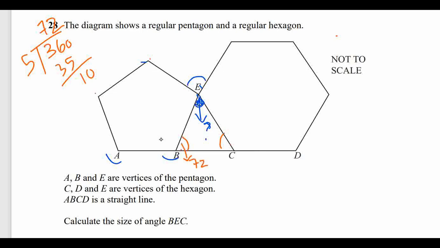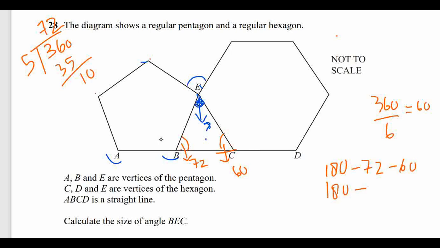Now this is the exterior angle for a hexagon, so 360 divided by 6 is 60. So the exterior angle is 60. Now the sum of all angles in the triangle is 180. So 180 minus 72 minus 60 is 180 minus 132, which equals 48.